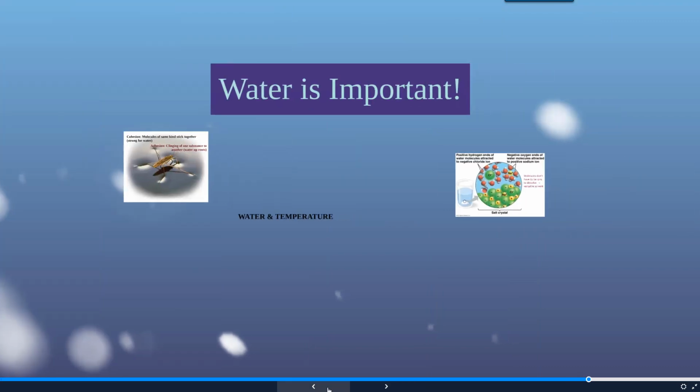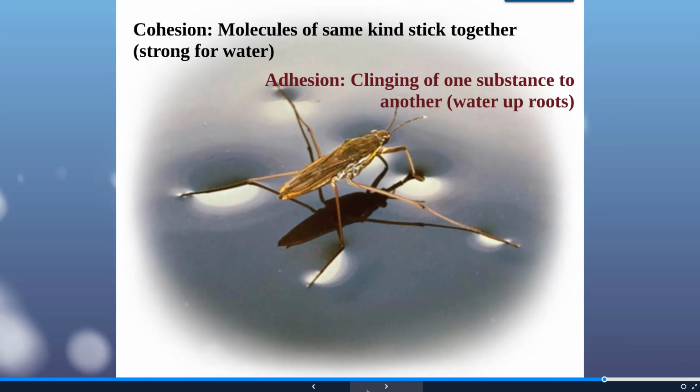Water turns out to be a very important substance in living organisms, as well as a very important substance that is found in nature. It's responsible for something called cohesion, where molecules of the same kind are able to stick together.